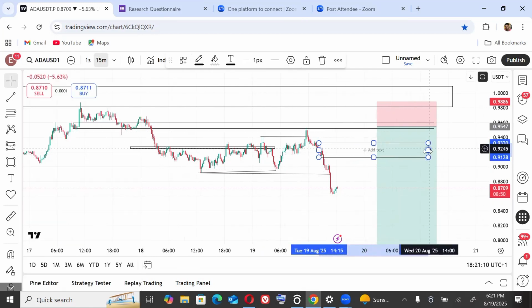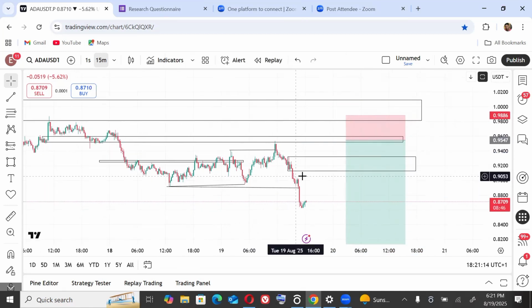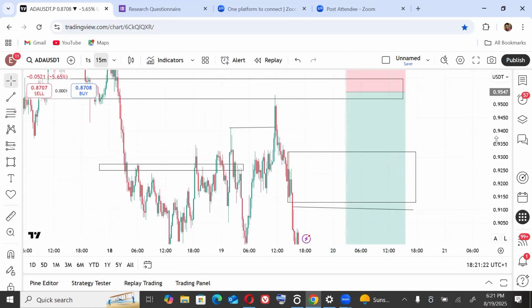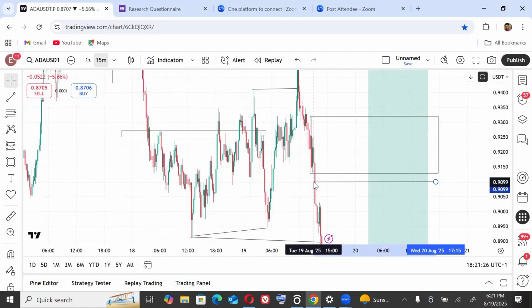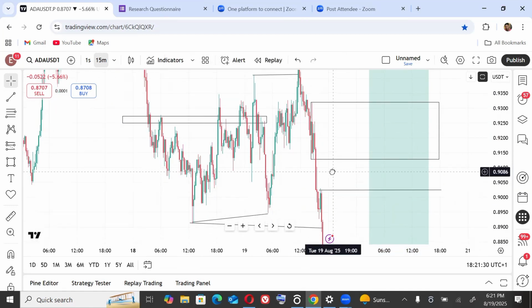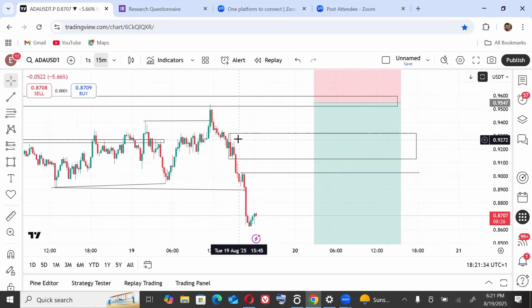So we're going to wait for price to retrace within the week. It has an inducement already. So I am going to wait again. You can take this as the inducement, first leg inducement. And I will sell from this zone.